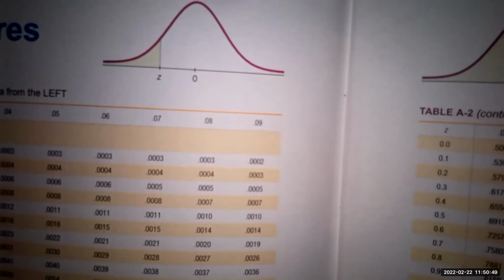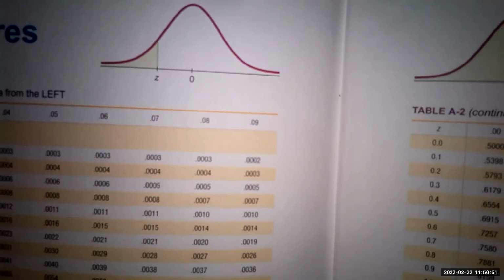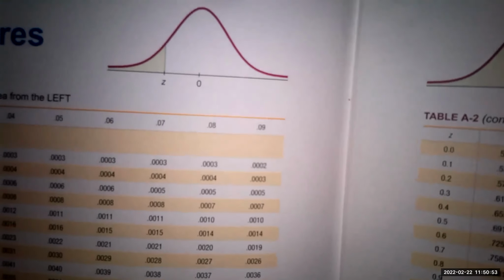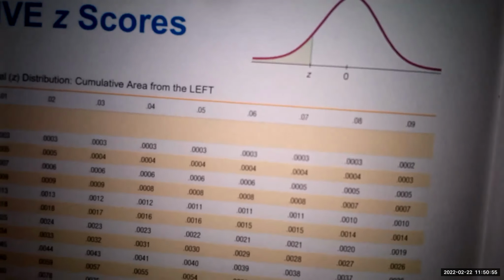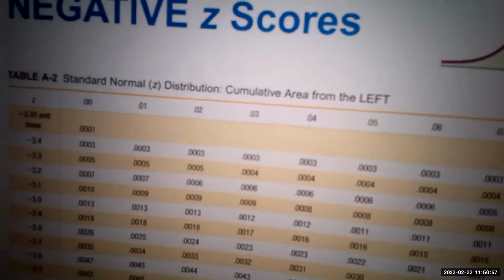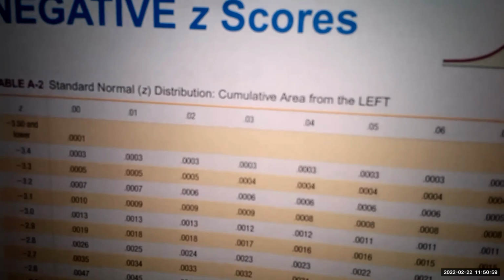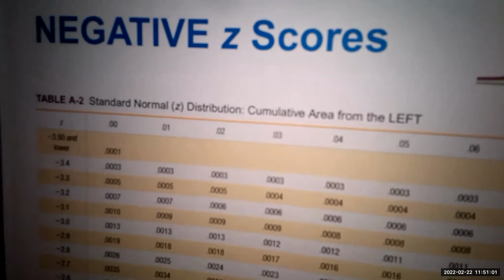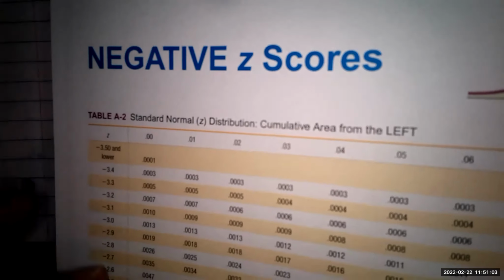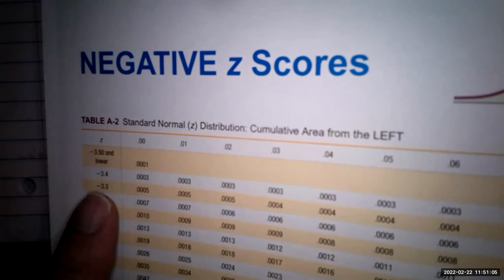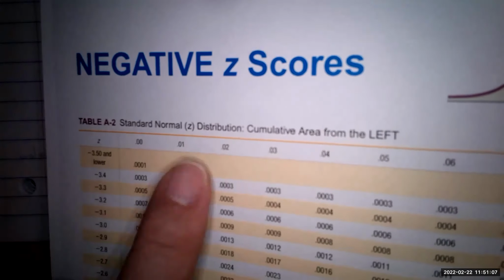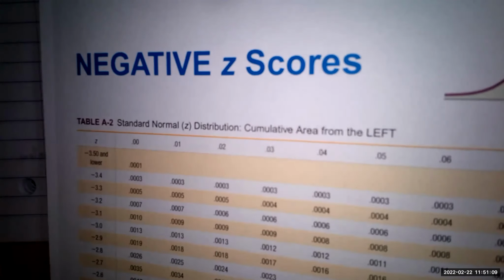These 2 pages would be everything in statistics later on. You don't need any calculator, only these 2 pages. This table has only 2 decimal places for the Z numbers. For example, this is -3.4, and these are just the second decimals.